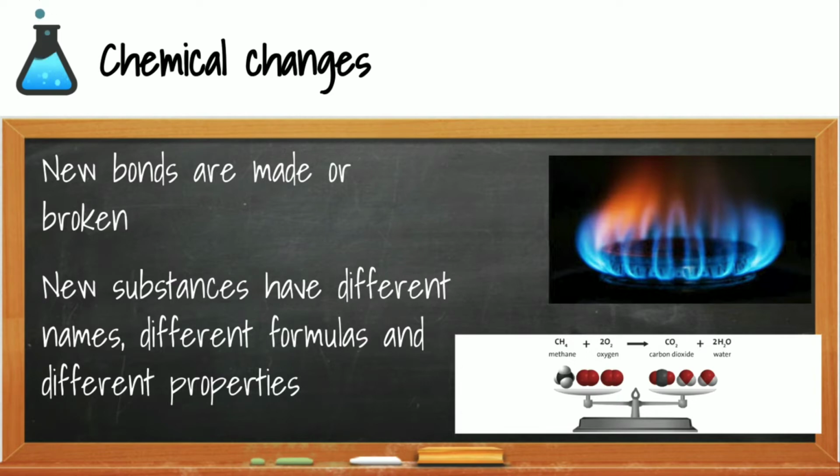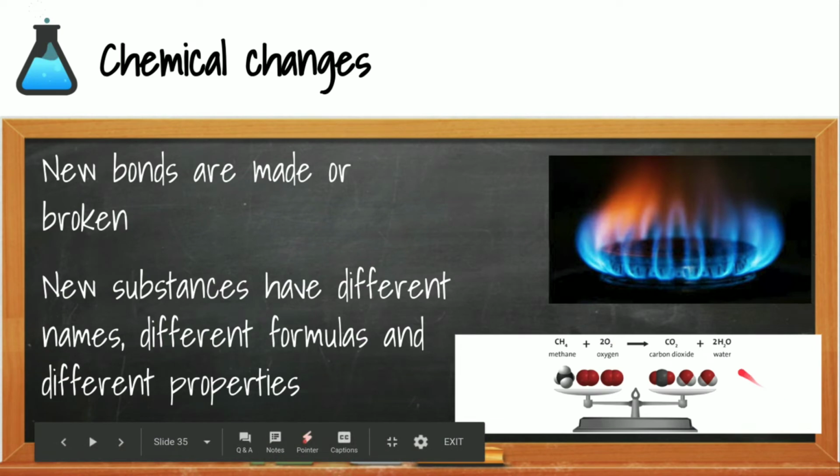When we burn the gas on our stove, we're burning a substance called methane. Now, methane must combine with oxygen to burn and produce carbon dioxide and water. So during a chemical change, the names of the substance change, and that happens because as we look at the molecules, we can see that the formulas change.